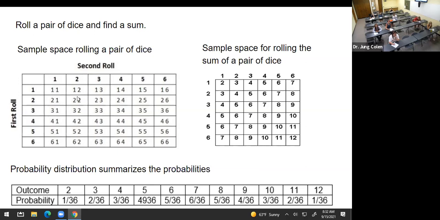So 2 and 2 here, right? 2 and 4, 2 and 6, 4 and 2, 4 and 4, 4 and 6, 6 and 2, 6 and 4, 6 and 6. Those are the outcomes for even numbers, right? And then I'm going to see how many times I have.